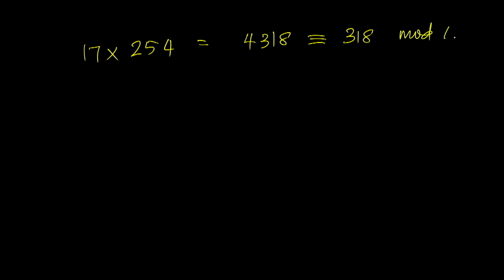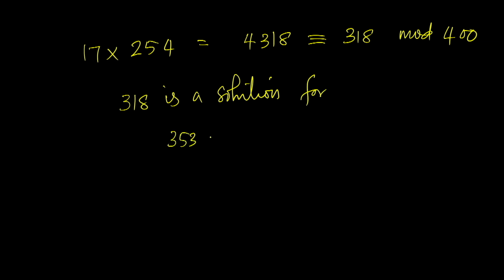So if you multiply this solution with 254, which means 17 into 254, which is 4318, which is congruent to 318 mod 400, we find that 318 is a solution for the original congruence, 353x is 254 modulo 400. So here we have managed to find the solution without resorting to large exponents.